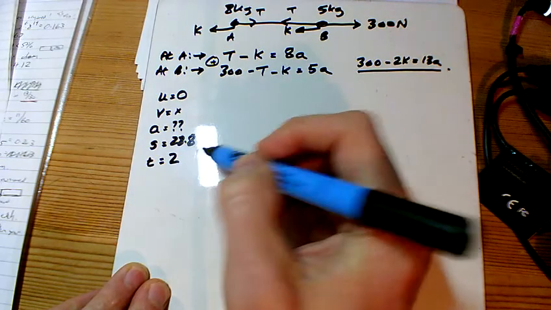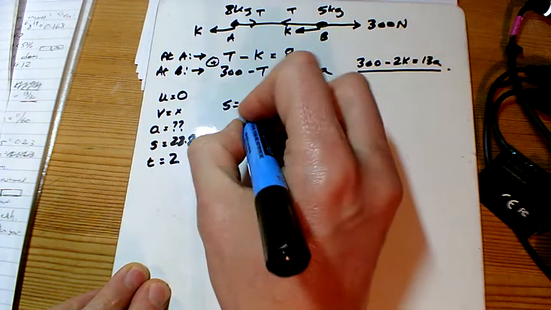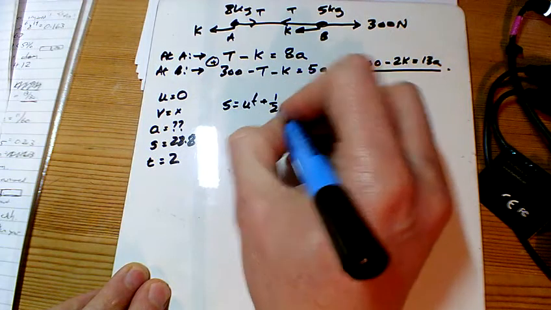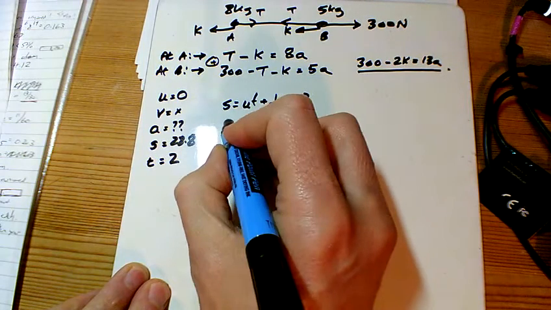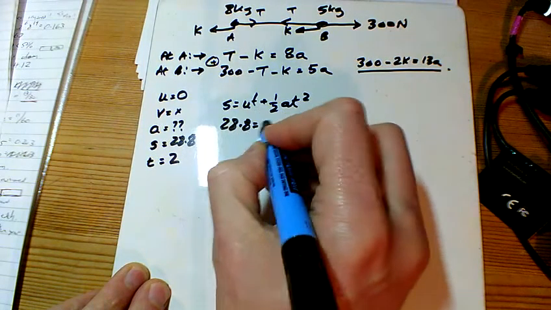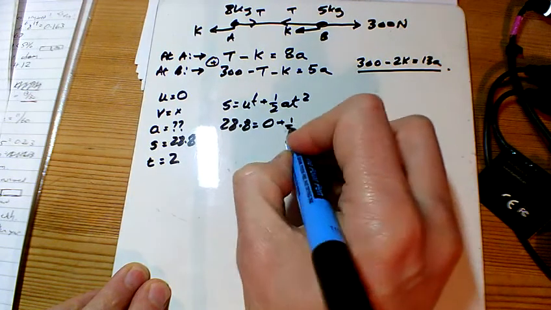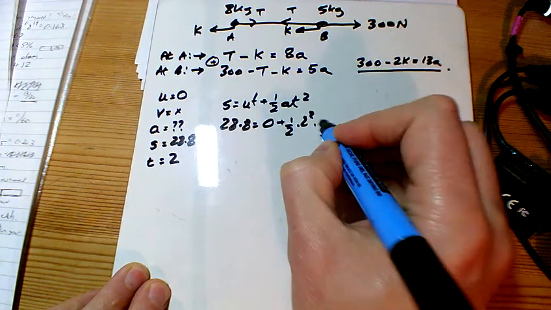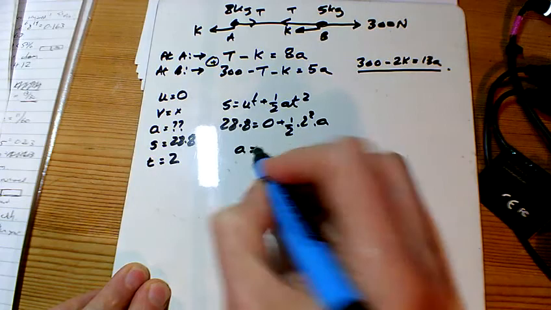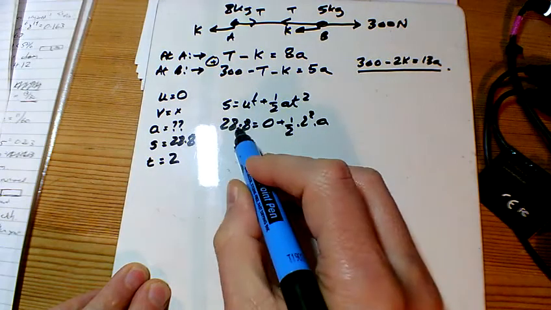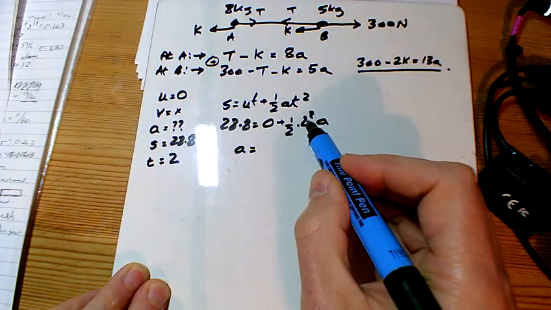So using these values here, and S equals ut plus half at squared, I can fill in the values we've got. That's nice, that one's just 0. 2 squared's just 4. I can figure out here that the acceleration is 28.8 divided by 2.